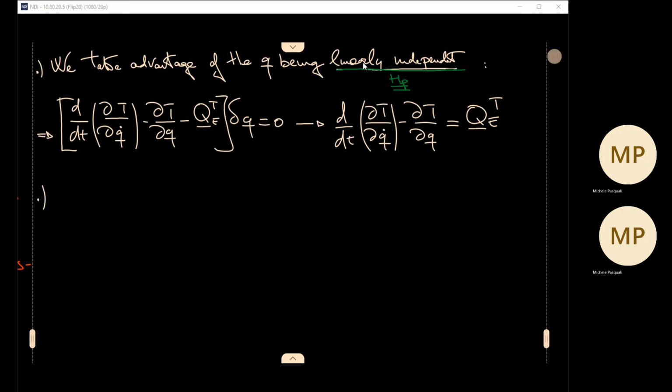An additional thing that we can do is to divide our QE into a conservative and a non-conservative part.